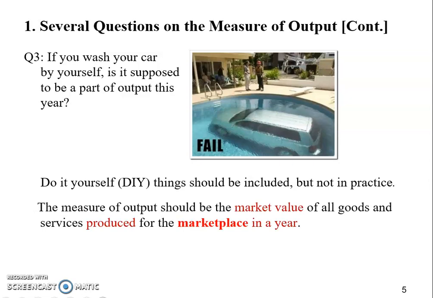Here we would like to introduce the third key phrase in our definition. The measure of output should be the market value of all goods and services produced for the market price in a year.